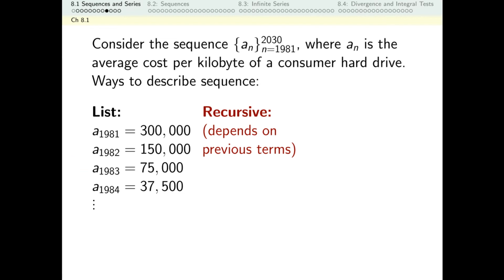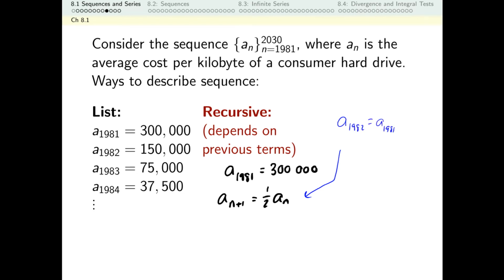So I can write this recursively by saying a sub 1981 is 300,000, and a sub n plus 1 is 1/2 a sub n. Let's think about how to use this recursive function. If I wanted to know what happened in 1982, that's a sub 1981 plus 1.